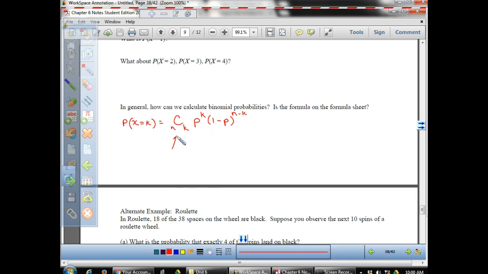Okay, I will show you on the formula card, it's actually given in this notation. This is another way of saying choose K from N, and here order does not matter.